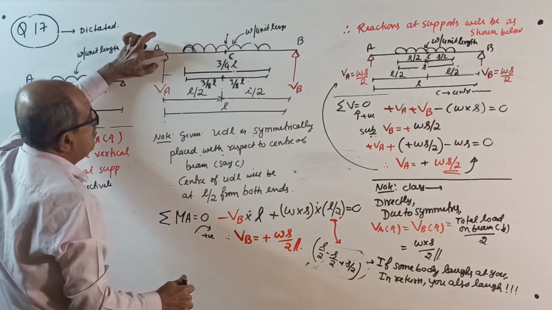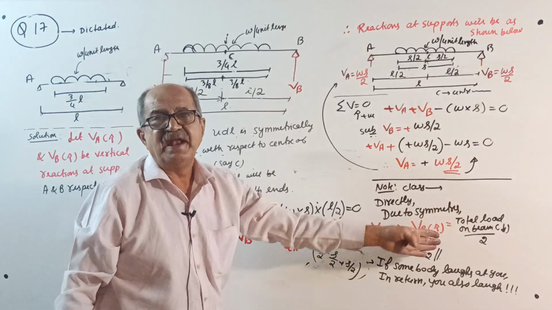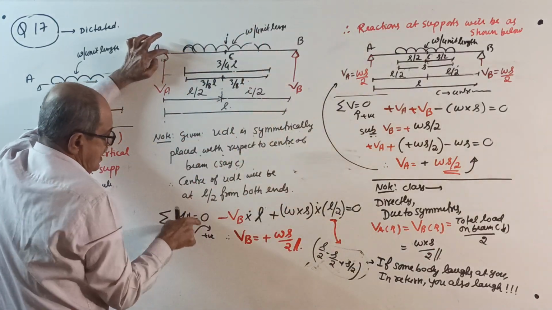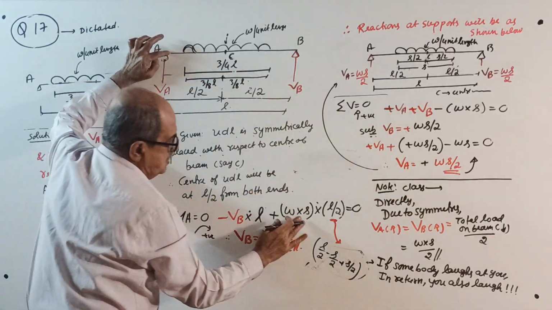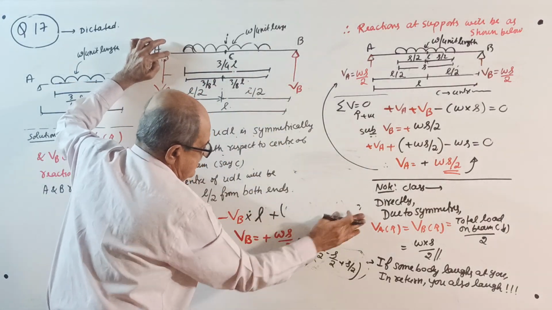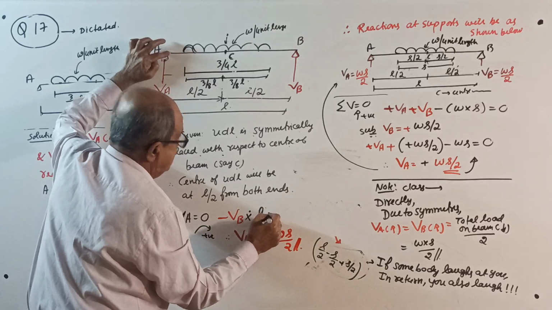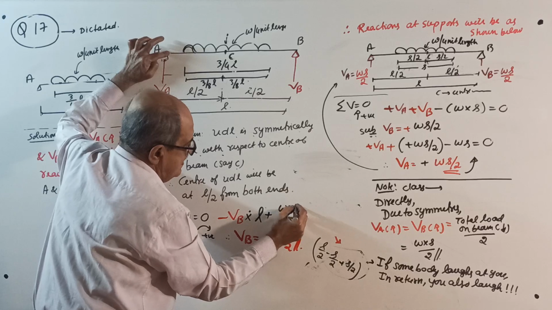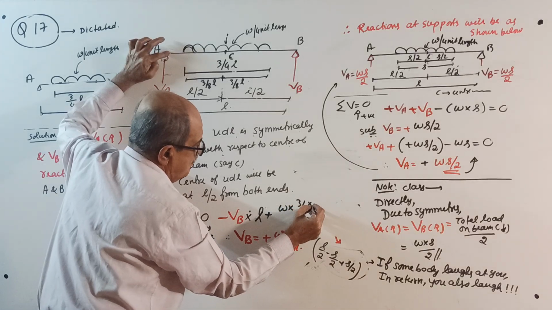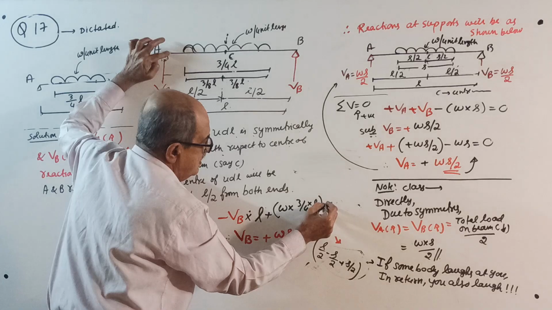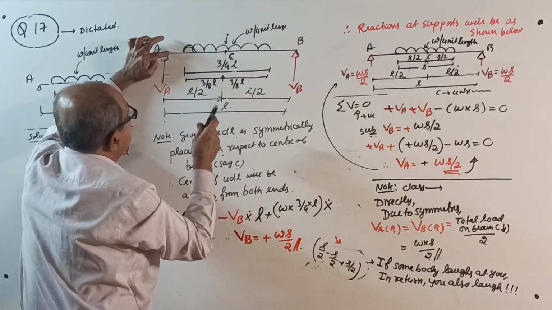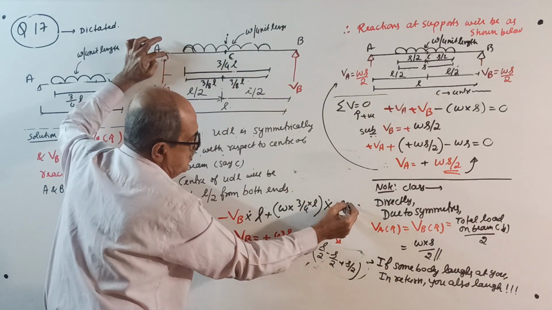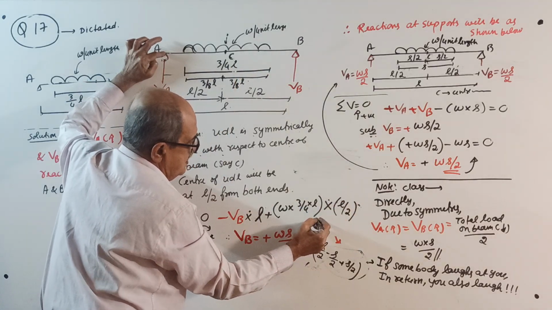Start. Take moment about A. Someone will tell, sir, directly you can get it. That we will do later. Minus VB into L plus W into 3/4 L, which is the total load, multiplied by the distance from A to the center of the UDL, which is exactly L by 2, equals 0.